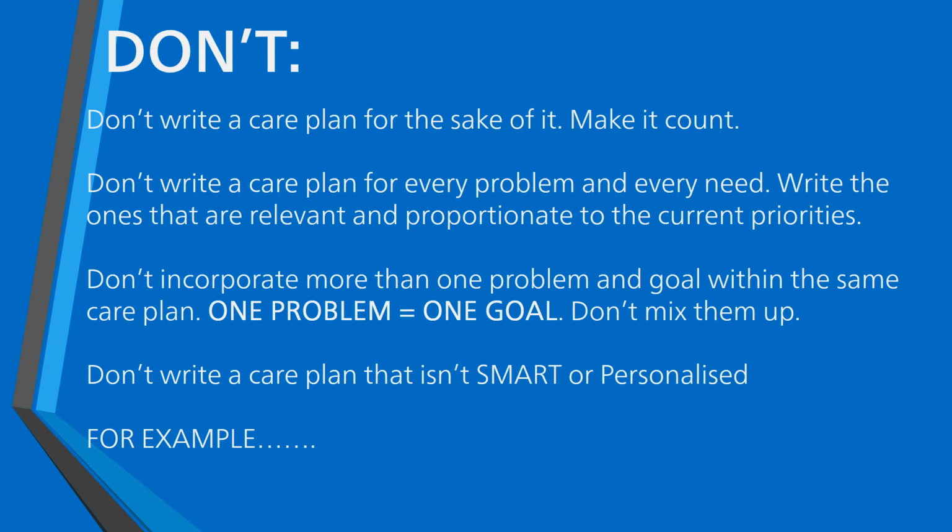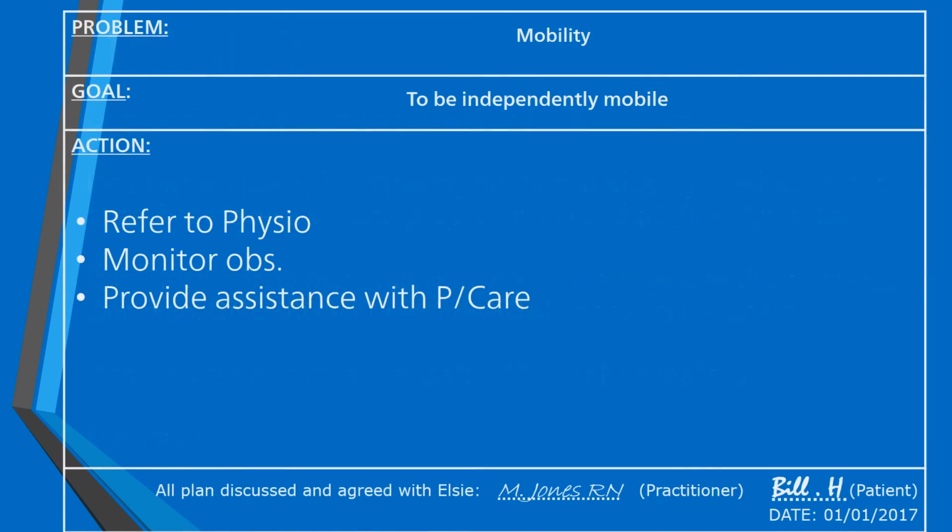Don't write a care plan that isn't smart or personalised. For example, problem, mobility. So here I have used a very generalised term. Mobility could refer to anything: arms, legs, fingers, toes, head, eyes, any part of the body that moves.